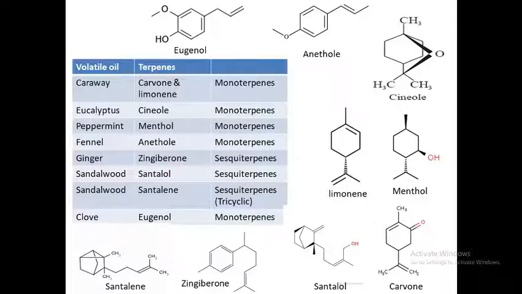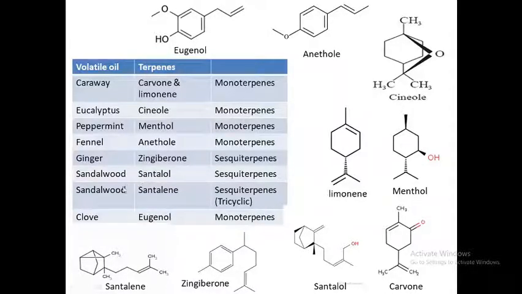Then sandalwood. Sandalwood consists of 2 different types of terpenes. So first is santalol. Just see the structure of santalol. So this santalol is a bicyclic sesquiterpene, consisting of 3 isoprene units, and it is bicyclic. You can see 2 different cycles here.